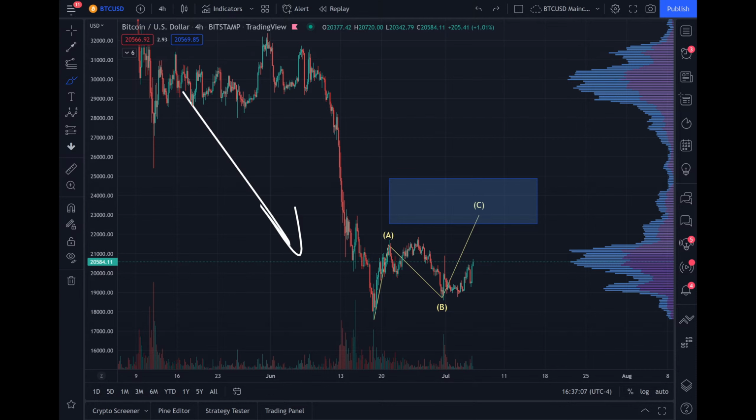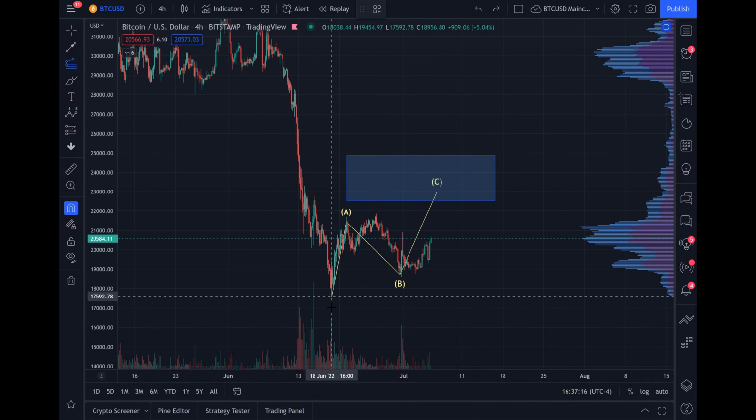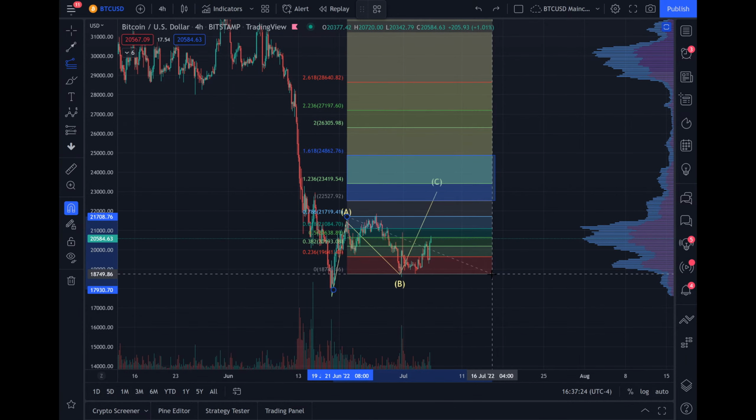And the reason I have it projected into this blue box here, just like I said this morning, I'm simply using the Fibonacci extension tool to project from this A wave, retracement of this B wave, right? I'm projecting from the 1 to the 1.236, which is the most likely target, between 22.5 and 23.4.